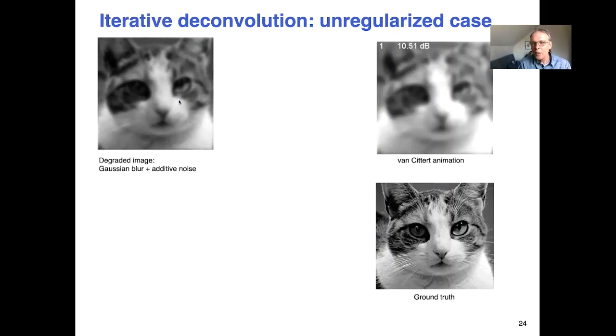And now, let's just take the least square solution and do a gradient descent based on the gradient of the least square. In fact, this was the first deconvolution algorithm that people proposed. It's also very similar to the Richardson-Lucy algorithm that's used in astronomy, and it's called the Van Cittert algorithm. So let us just iterate.